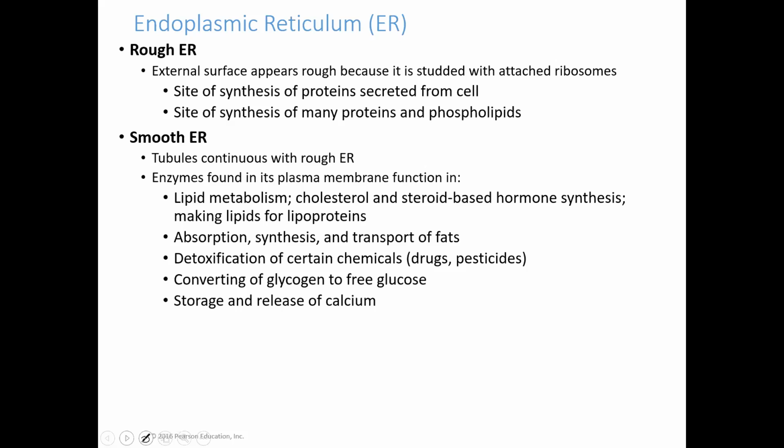We use our smooth ER to break down glycogen to glucose. We use it to make steroid-based hormones, and we use the smooth ER to transport fats. And most importantly, saving the best for last, we use the smooth ER to detoxify chemicals.